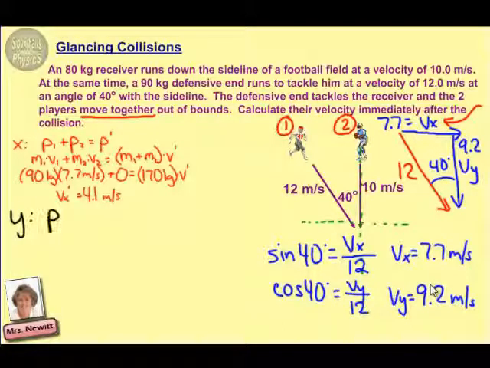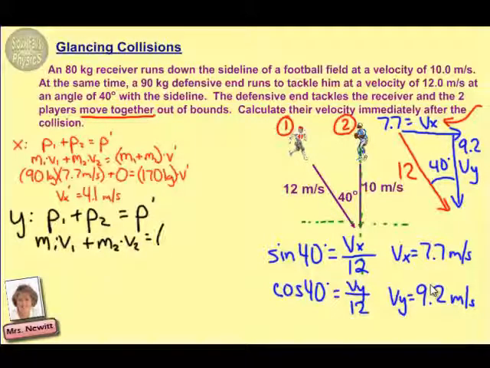In the y direction, we add the initial momentum of objects 1 and 2, and that will give us our final momentum. So m1v1 plus m2v2 is equal to our total mass, m1 plus m2, times final velocity. And at this time we just want to make sure we're working in the vertical direction only.